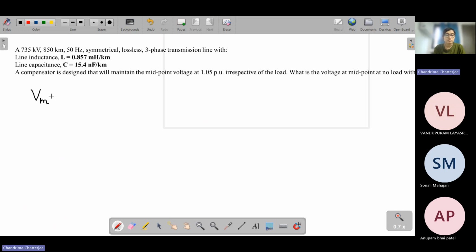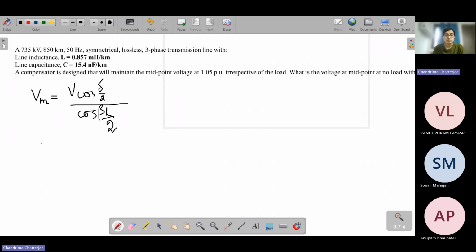So the midpoint voltage expression is A cos delta by 2 by cos beta L by 2. This is the midpoint voltage expression when there is no compensation.